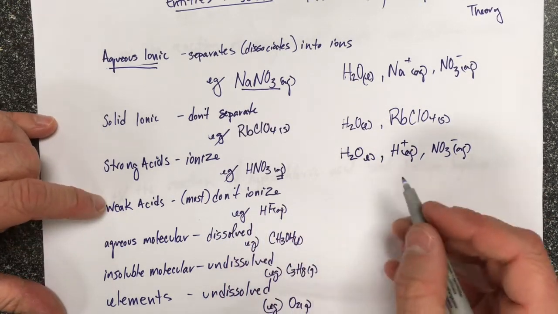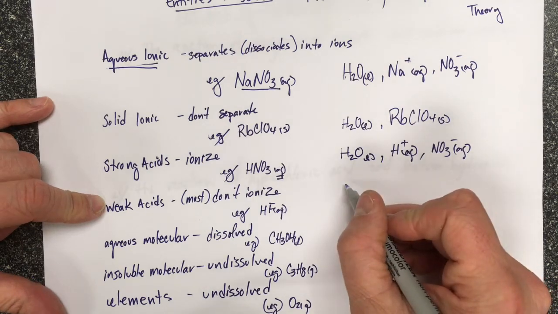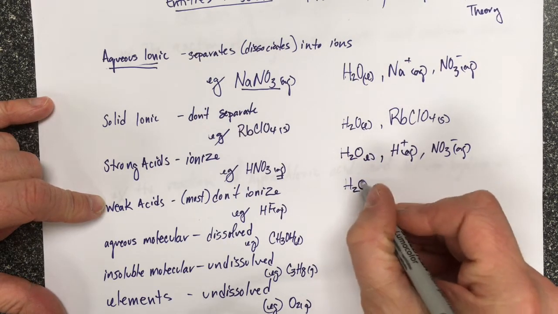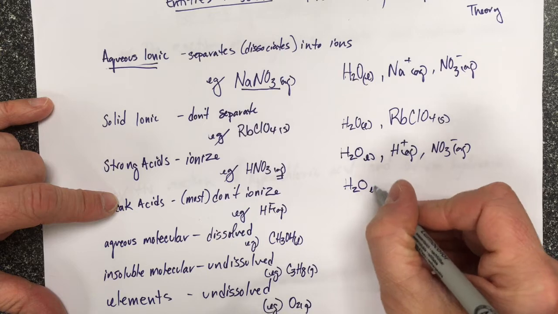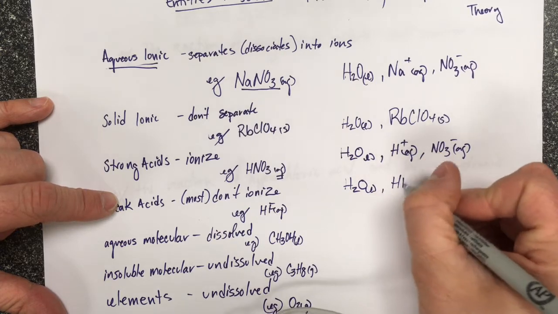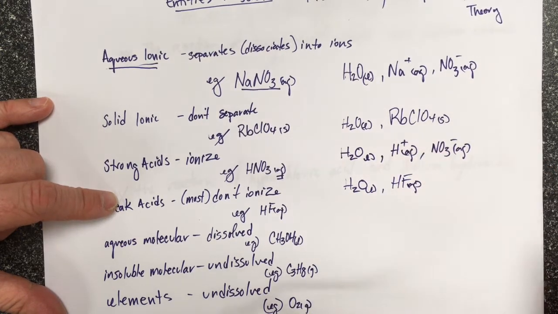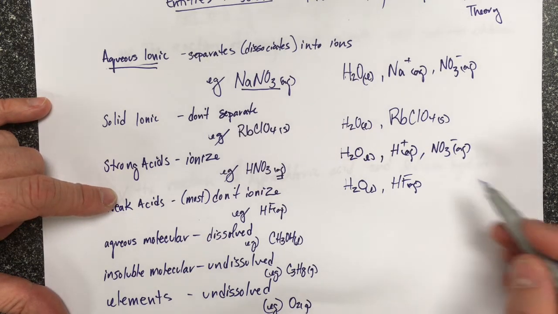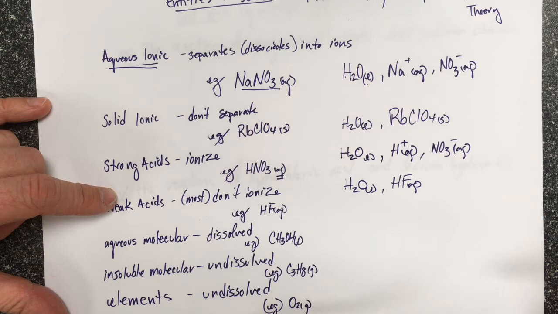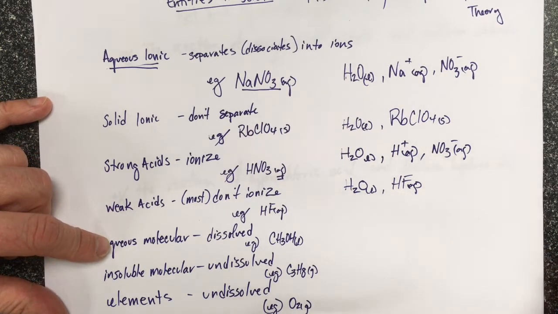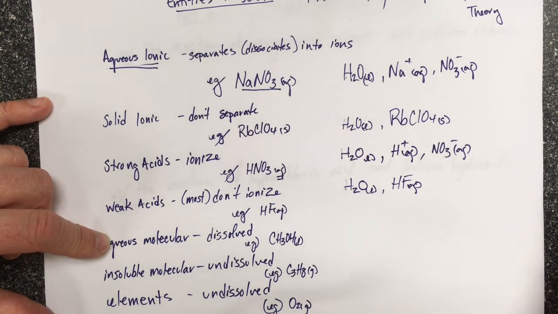Weak acids will still conduct electricity, but most of them don't break into ions. So if I put hydrofluoric acid, which is a weak acid, in water, most of the hydrofluoric acids will remain as hydrogen fluorides. Less than 50% of them are going to produce hydrogen ions and fluoride ions. Discuss that more in the equilibrium unit in Chem 30.